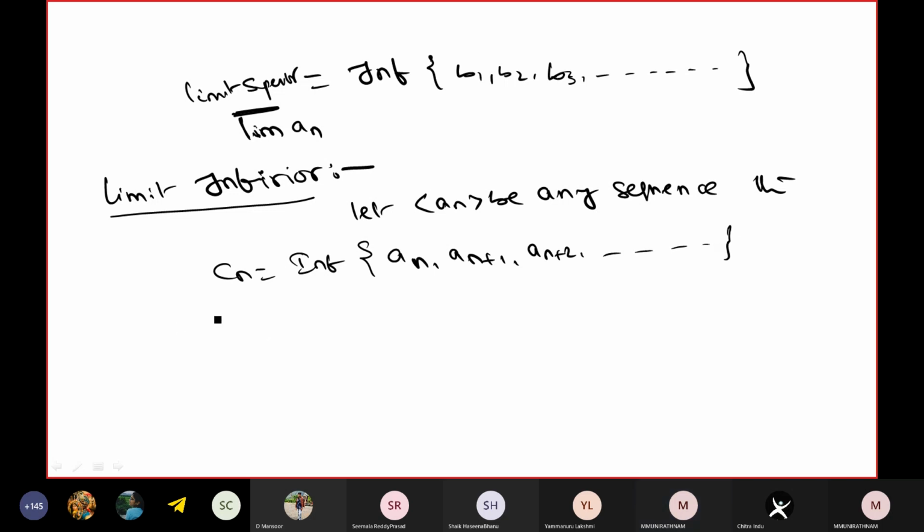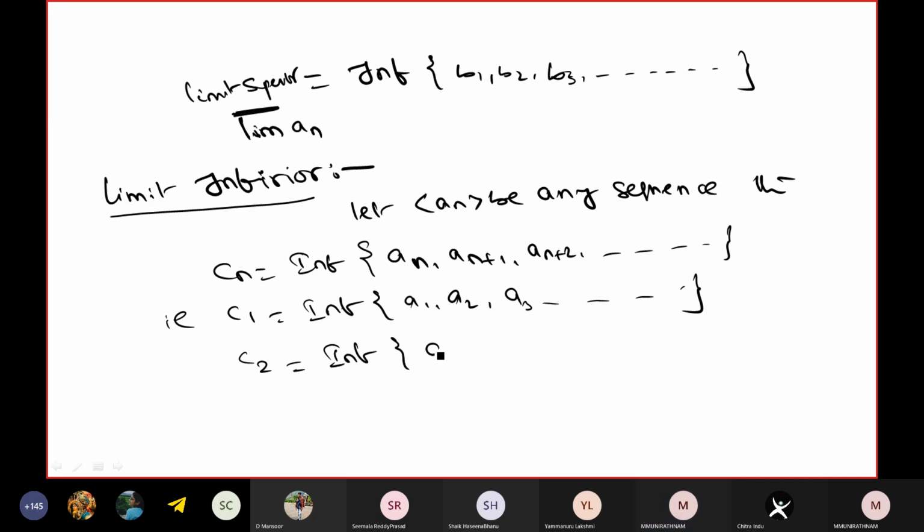That means C1 is the infimum of A1, A2, and so on. Infimum means lower bound, right? C2 is the infimum of A2, A3, A4, and so on. C3 is the infimum of A3, A4, and so on.